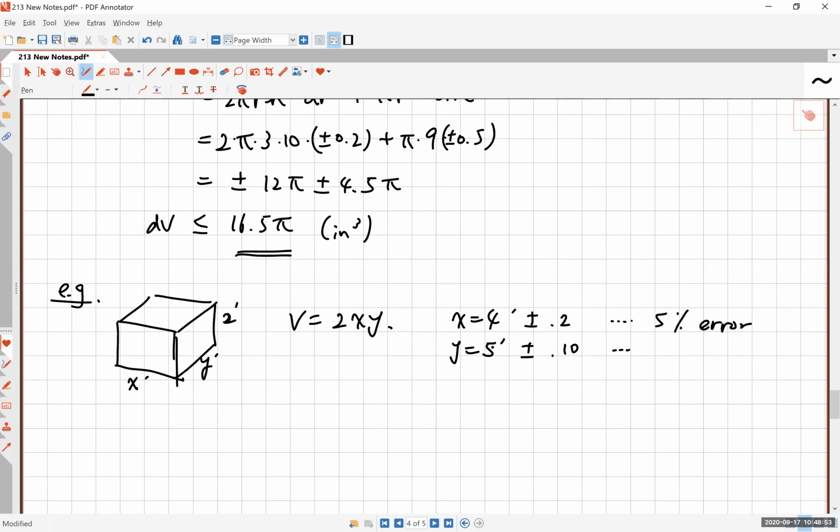And Y was 5 feet, but we could be off by 0.1 foot, which is 2% error, right? Because 0.1 is exactly 2% of 5. 1% of 5 is 0.05, and so on, right?